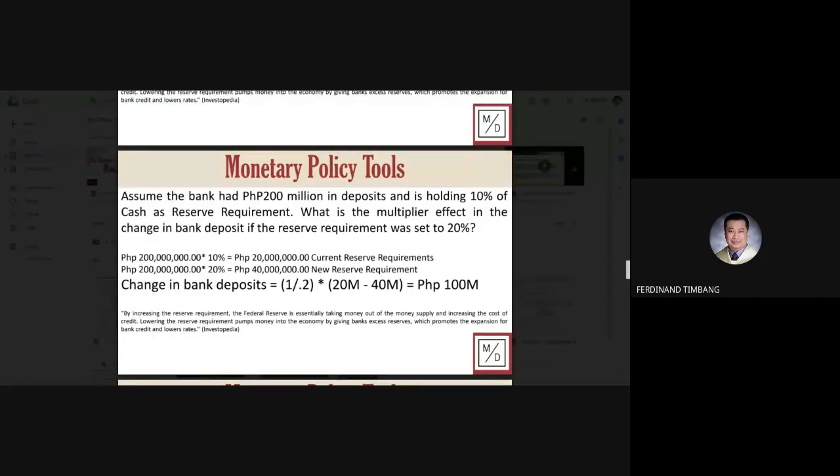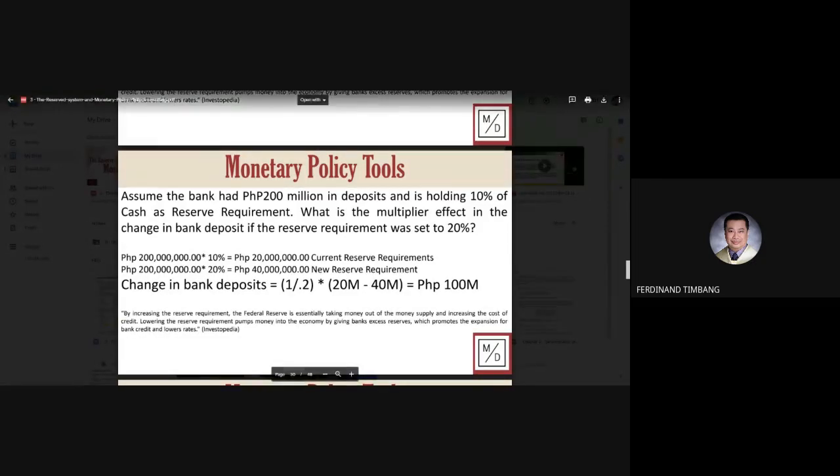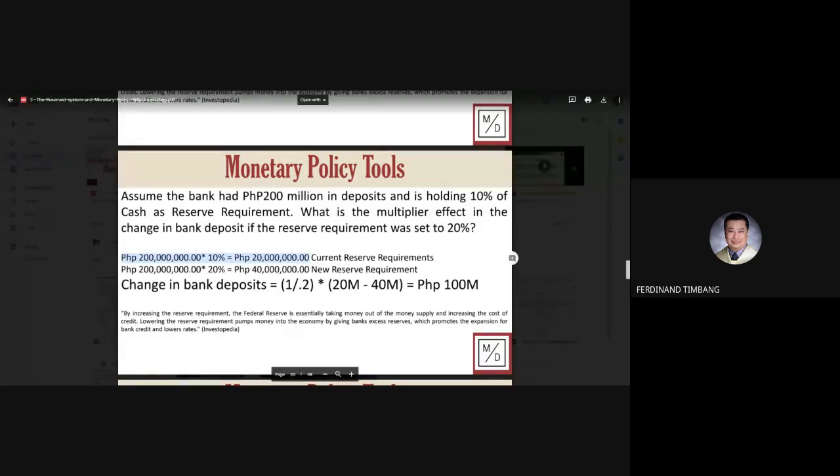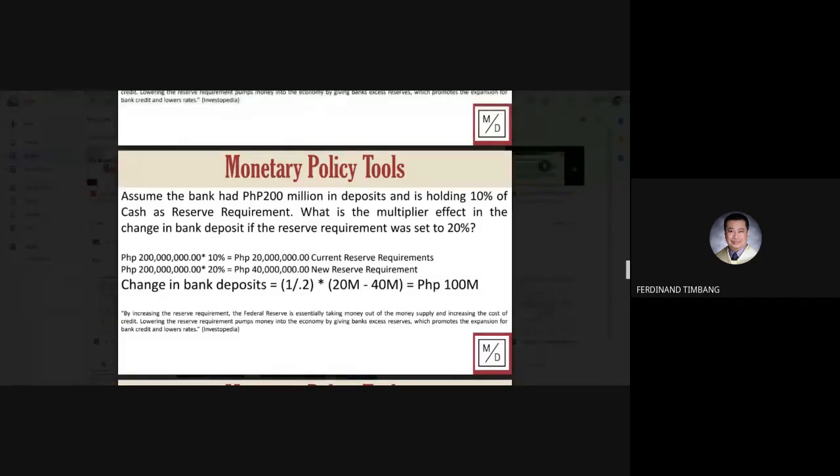So ito naman, dati 10% daw siya. No? Tapos naging 20% yung reserve requirement. Okay, so 1 divided by 0.2. And then we have that 200 million times 10%, and then 200 million times 20%. No, yan, maging 20 minus 40. So, ibig sabihin naman, pagka tumaas yung reserve requirement natin, the BSP is getting 100 million pesos from the economy.